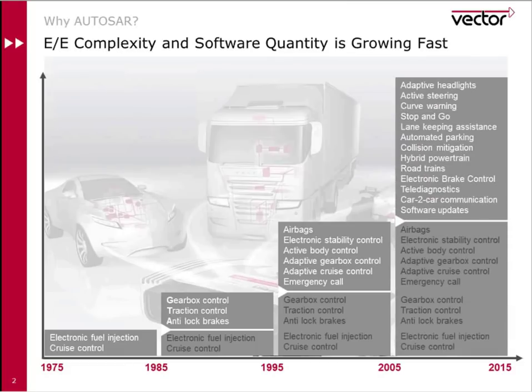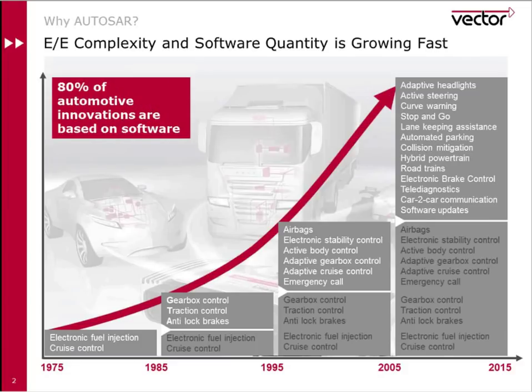As the years have gone on, the number of features within the vehicle has grown exponentially. And really, the software features within the vehicle are the differentiator between a high-end vehicle and a low-end vehicle. We see that 80% of the newest innovations on the vehicle today are based on software functions.